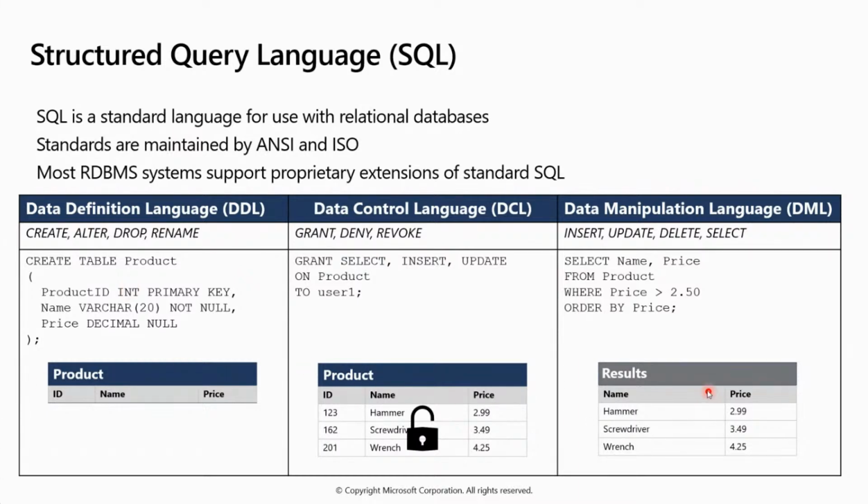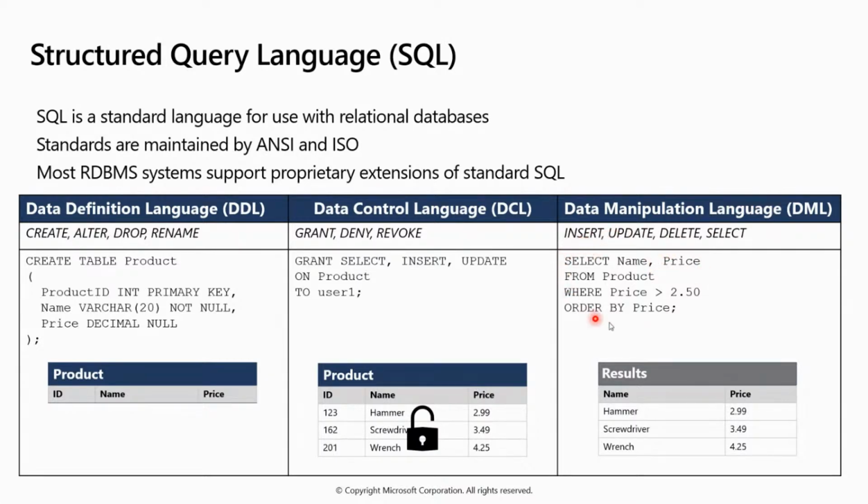That means I have this data already, one particular product table is present. In this product table, I have products like hammer, screwdriver, wrench, nuts and bolts. If I want to add this, then I have to use data manipulation language.